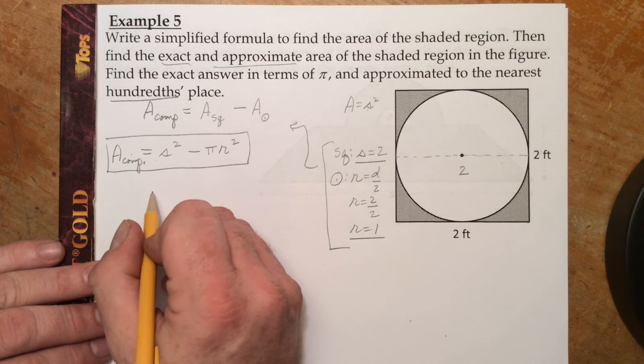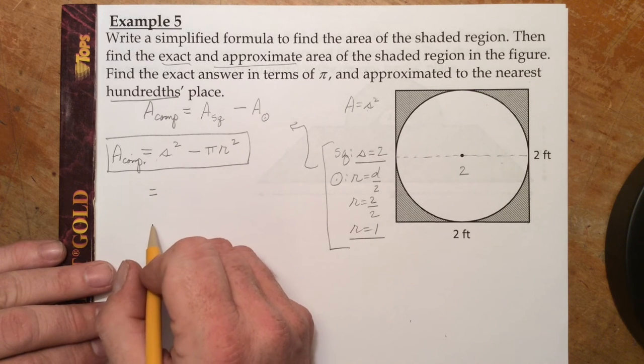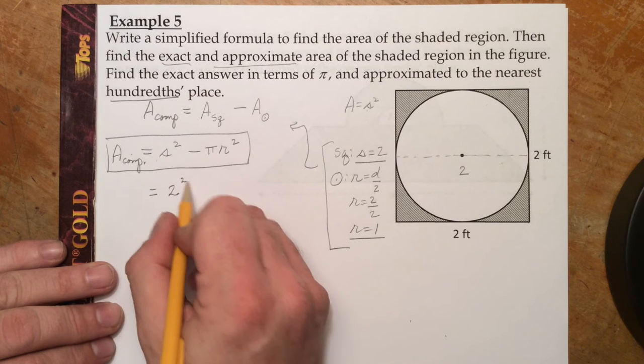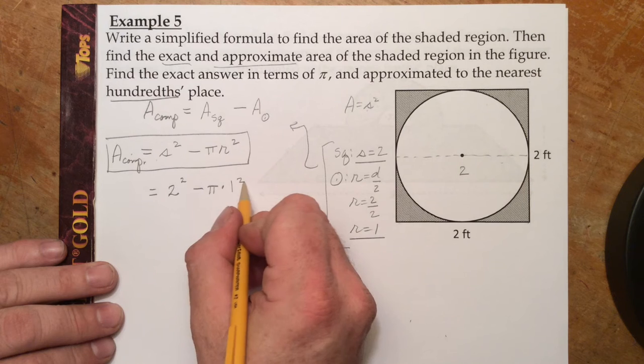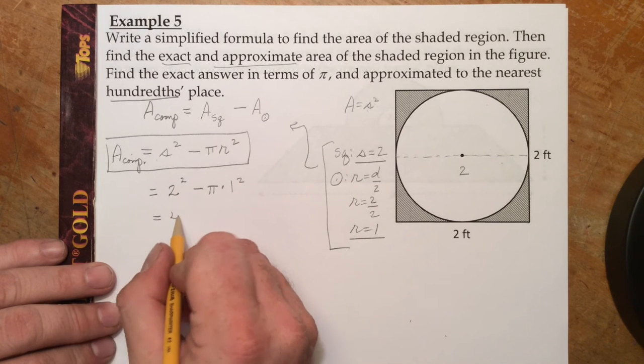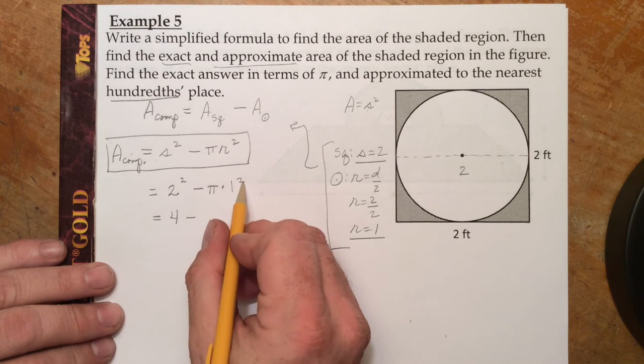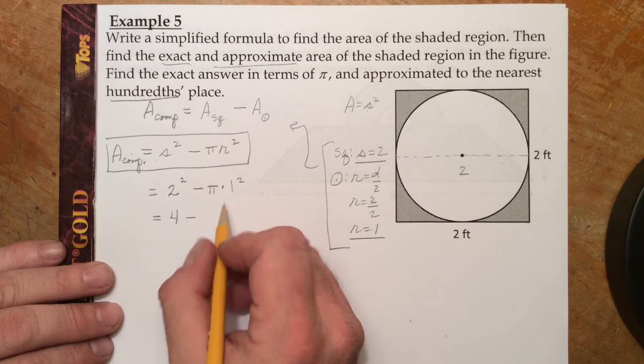Next, we find the actual area by substituting in the values. S is 2, squared, minus pi times the radius, which was 1, squared. 2 squared is 4, minus 1 squared is 1, and 1 pi is simply pi.